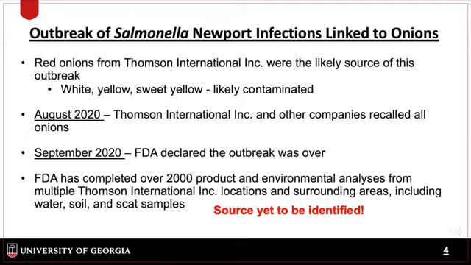So the FDA is still investigating the outbreak and the potential source of the contamination. They're collecting a lot of samples and doing an in-depth investigation to figure out what happened and why this huge outbreak happened last year.